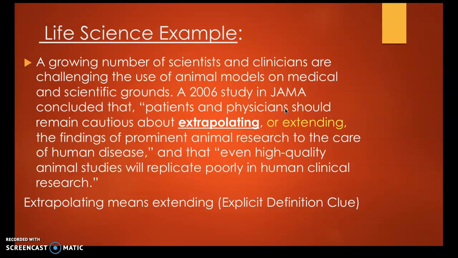If you see where extrapolating is underlined, if you didn't know what extrapolating meant, they restate it in a comma phrase after that: extrapolating, comma, or extending. So they're saying here's a simpler word that you may know. You should be careful about taking findings from animal research and applying them to human disease. So that's an example in a scientific text of a context clue that could help you.